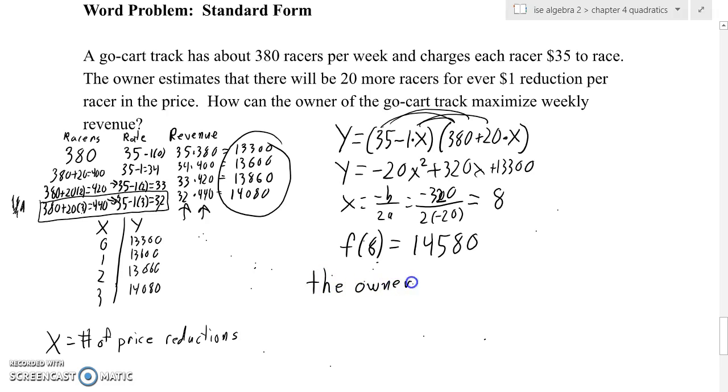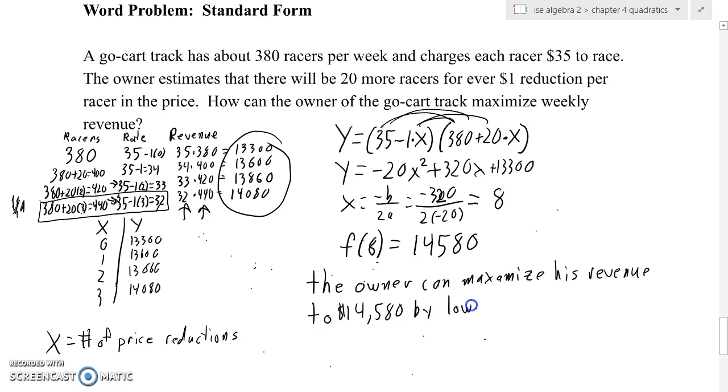The owner can maximize his revenue to $14,580 by lowering the price by $8.